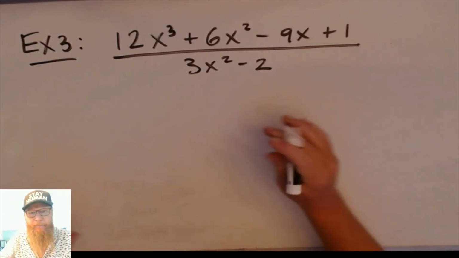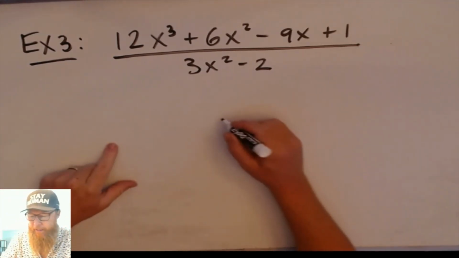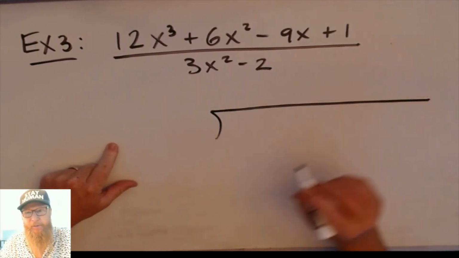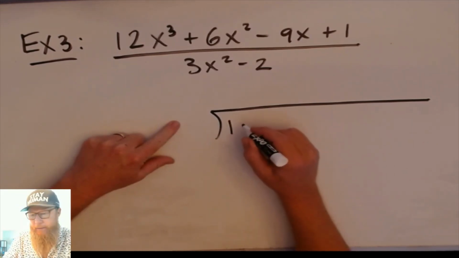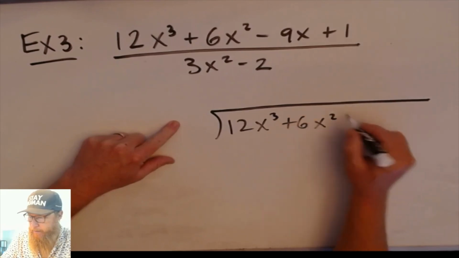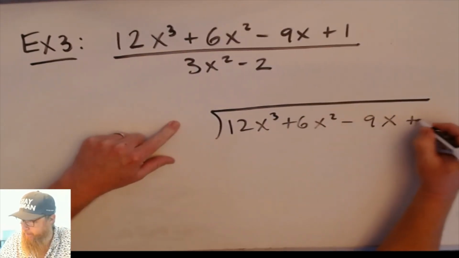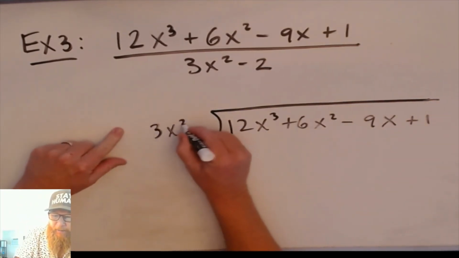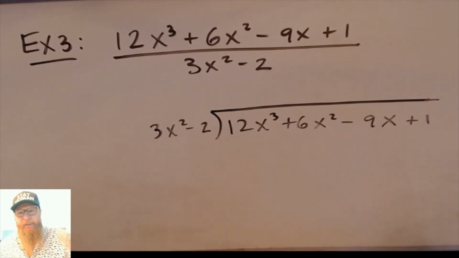Okay, so in this one, I'm going to show 2 forms of the answer. Let's start off by putting it into the long division. 12x cubed plus 6x squared. Look for any missing terms. No, everybody's there. Divisor, 3x squared minus 2. And let's just go to work.